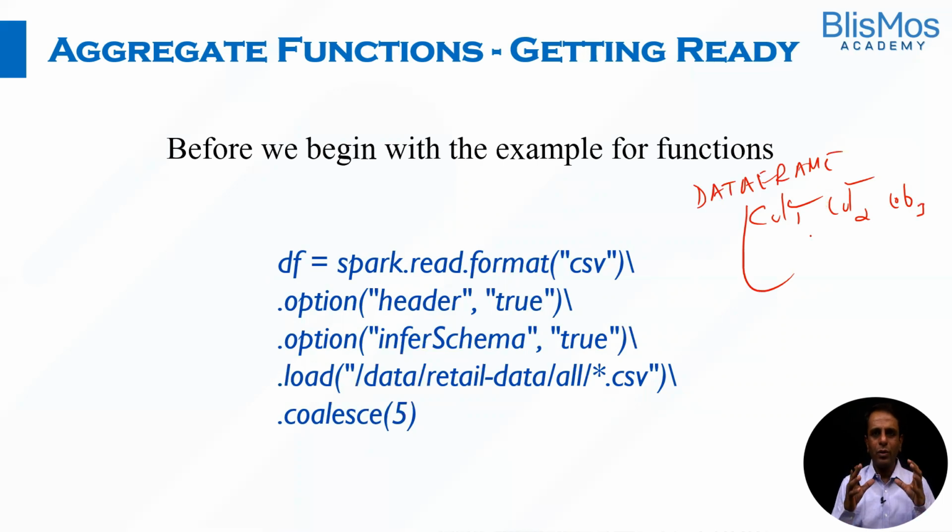In order to do any aggregations, we have to have a data frame. So, first and foremost, let us go ahead and create a data frame. We already know how to create a data frame. This is the Spark session, read API, format, we are specifying a couple of options and we are reading multiple files in this data frame so that it will help us understand the aggregation better.